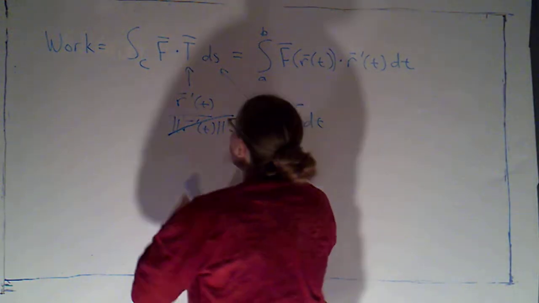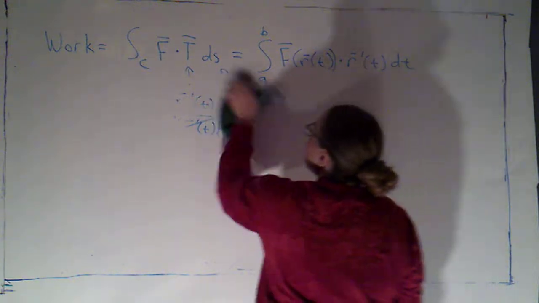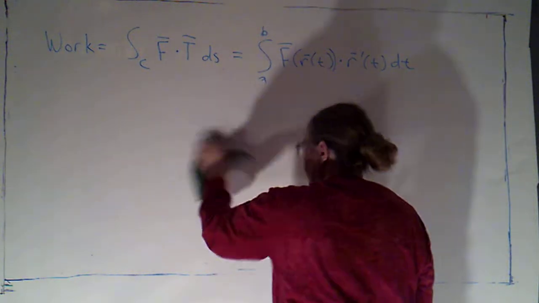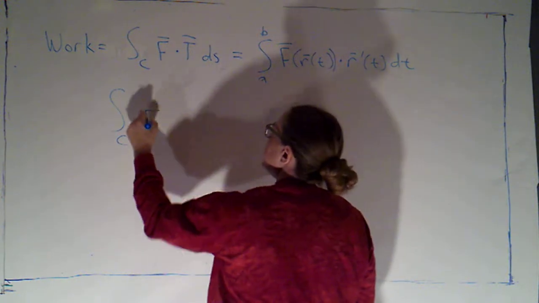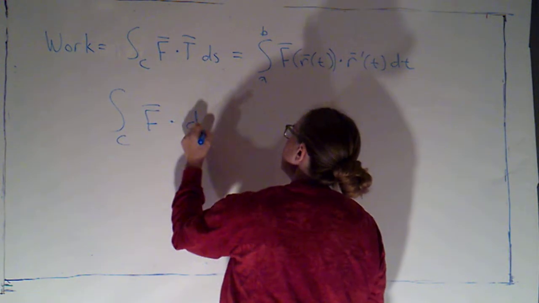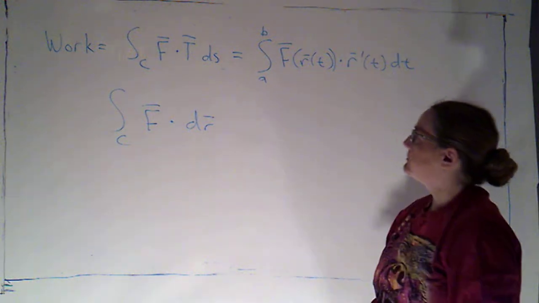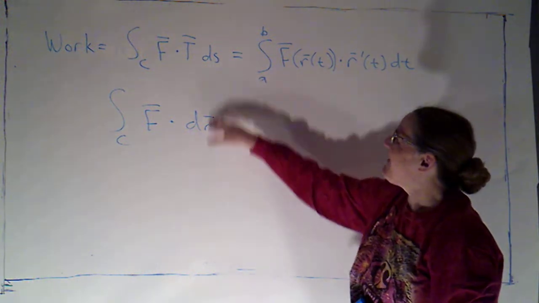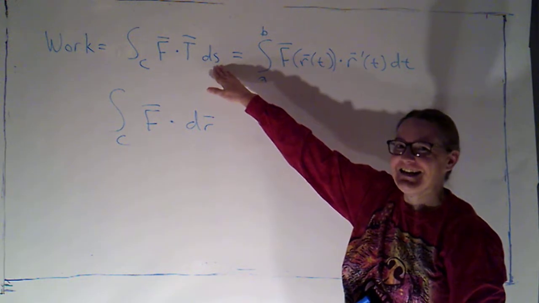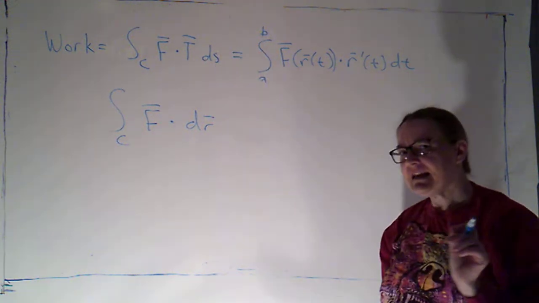Okay, so other notation that you'll often see is that work can be the line integral along C of F dotted with dr. Now obviously, if this is going to be the same thing as this, dr should be the same thing as T ds. And it is.